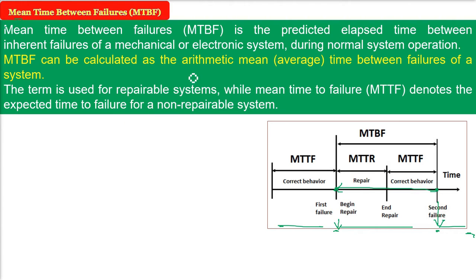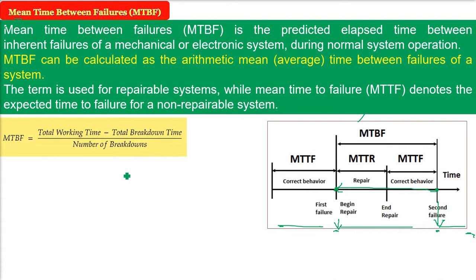This term is used for repairable systems, while mean time to failure, MTTF, denotes the expected time to failure for a non-repairable system. MTBF is simply total working time minus the total breakdown time, divided by the number of breakdowns in this stipulated time. So just subtract this breakdown time from the total working time, divided by the number of breakdowns.